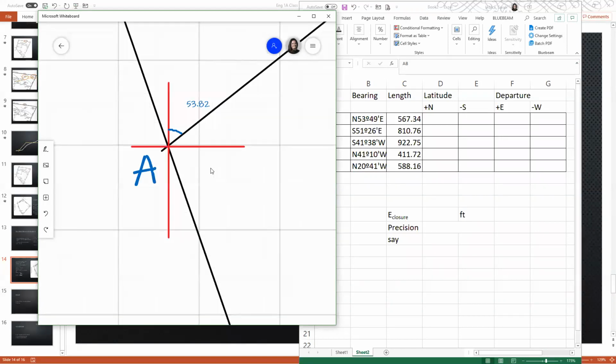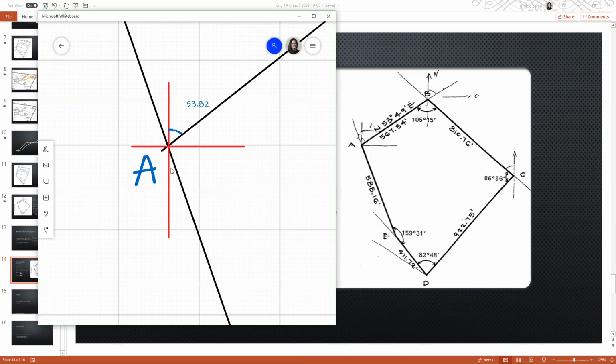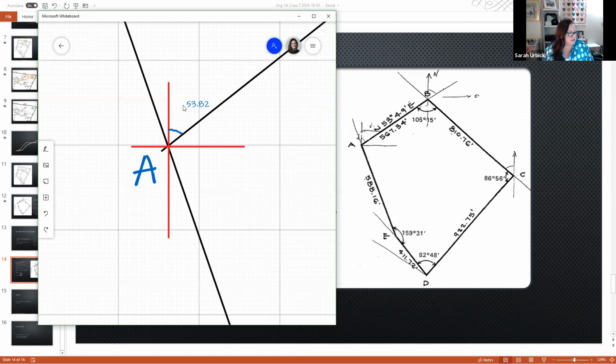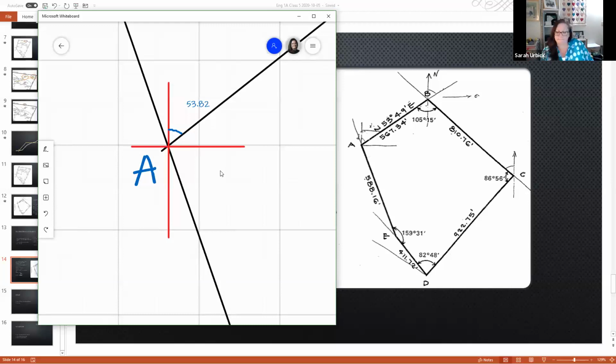Couldn't you just add up the 20.68 plus 53.82 and then just subtract that from 180? Let me get back to that. So you said the 20.68 and 53.82, and then just subtract it from 180. What do you get?